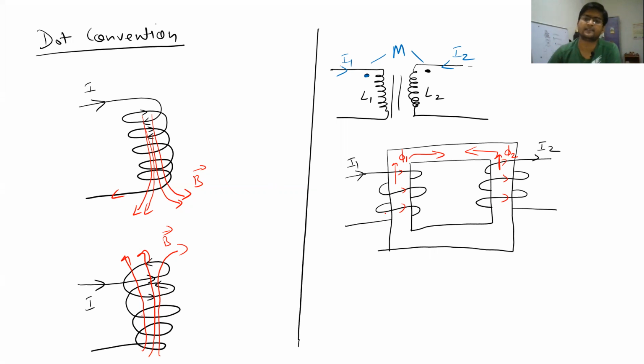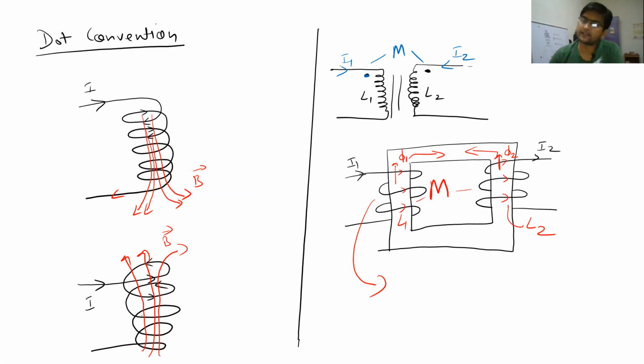So in this case, the mutual inductance M between these two coils will have a negative sign. And where will this negative sign come? If you are calculating the total inductance value of the primary coil, suppose it has self inductance L1, and suppose the secondary coil has self inductance L2.